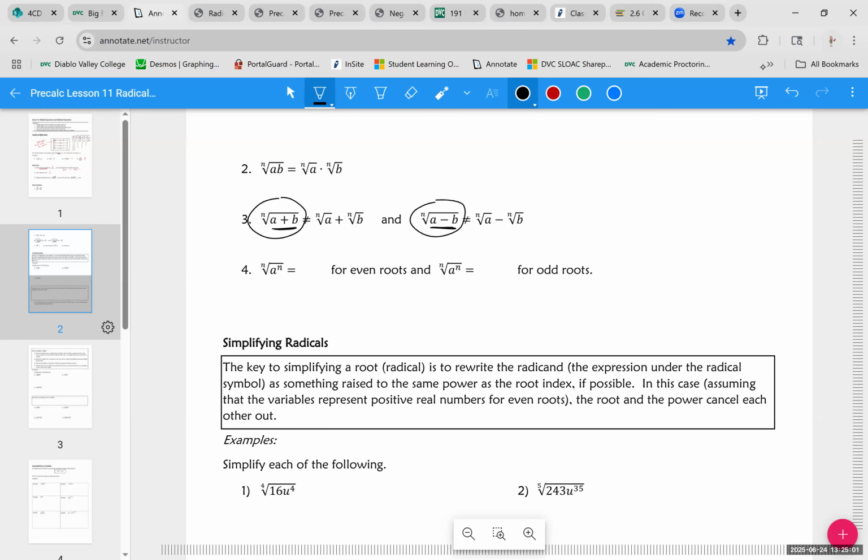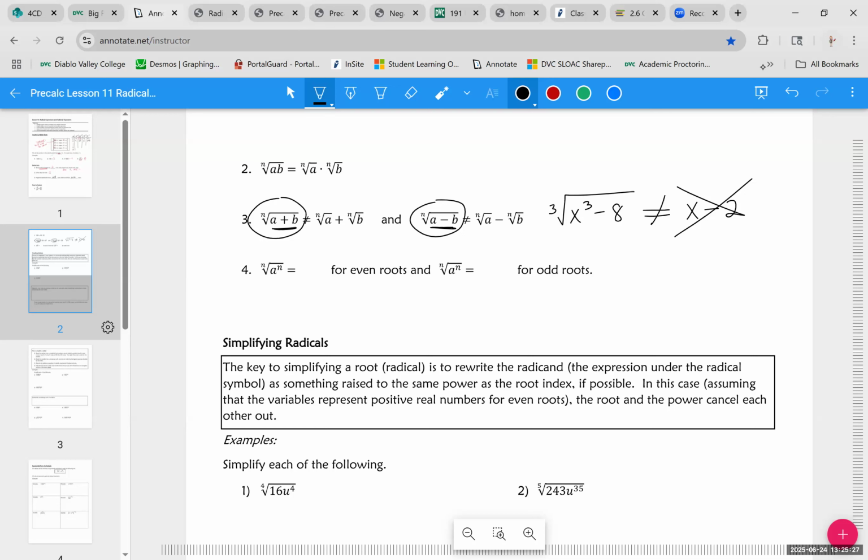You cannot break them into further individual roots. So in other words, if I have the cube root, let's say, of x cubed minus 8, I cannot write that as x minus 2. It's not true that that is the case, okay?